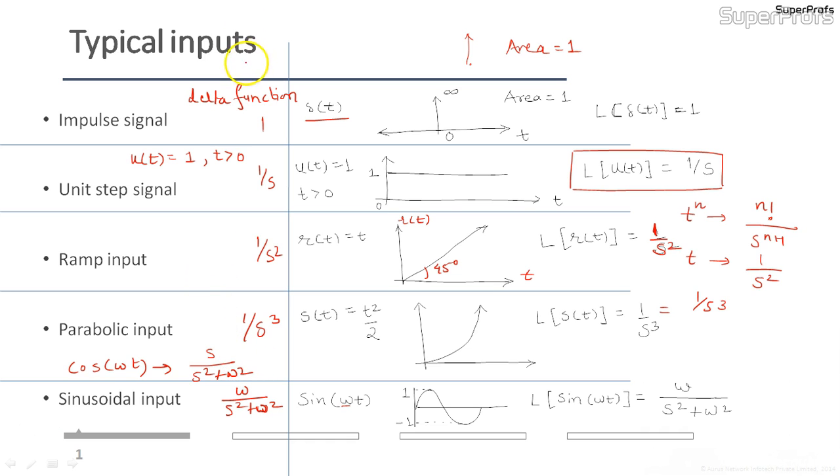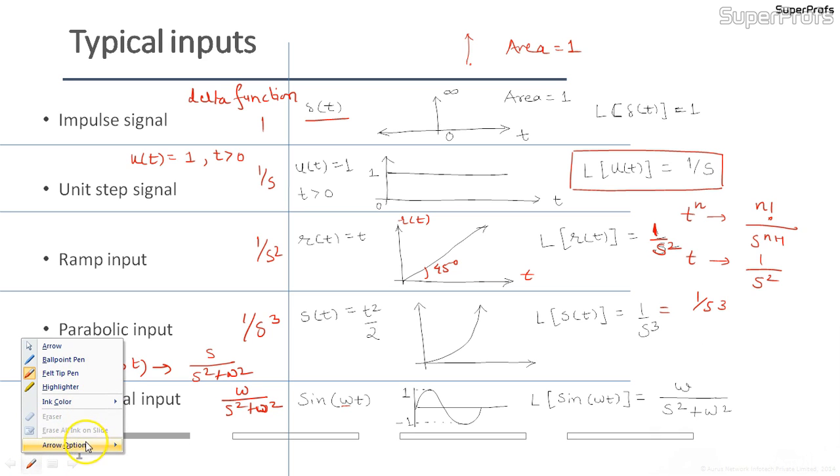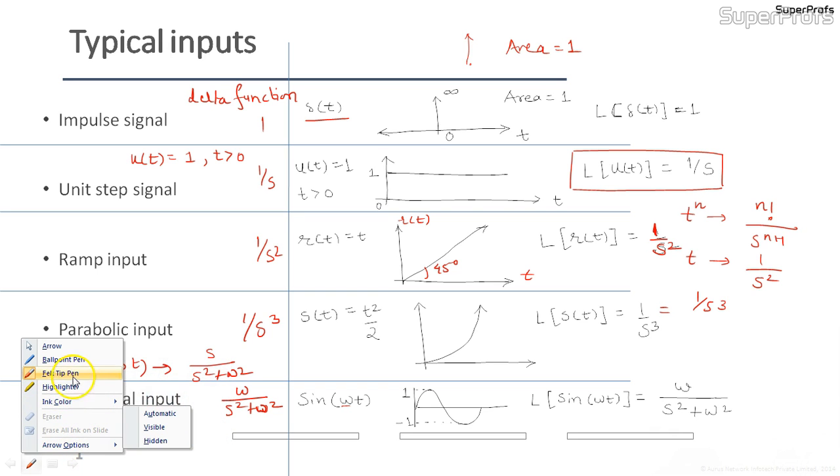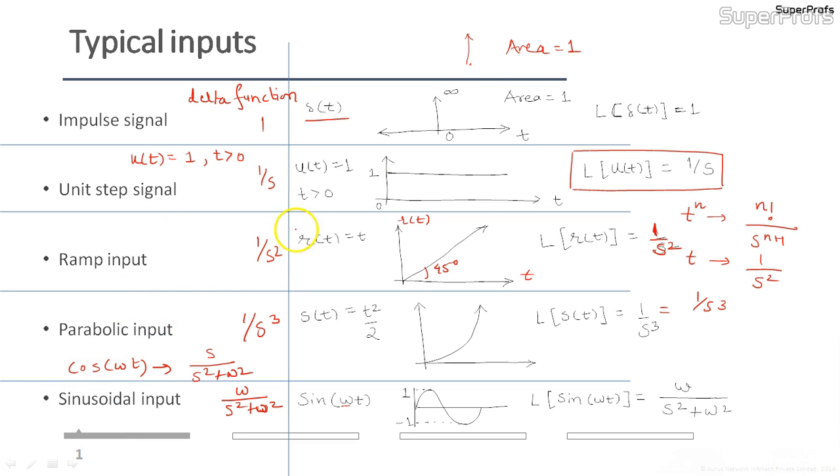This is how you can define the typical input signal. You can study the graph. Let us remove all those ink annotations so that you can see clearly. Anyway, so this is how you can check the typical input signals.